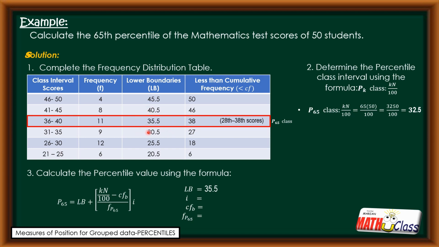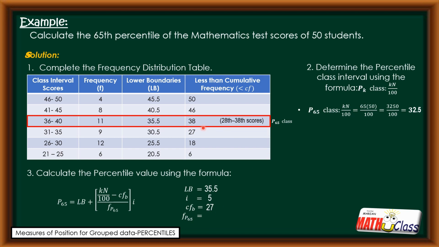For the value of our I, or the size of the class interval, we have to find the difference between the lower boundaries of two consecutive or neighboring classes. Let us take these two consecutive lower boundaries, 45.5 and 40.5. 45.5 minus 40.5 is equal to 5. So the value of the variable I, or the size of the class interval, is 5. The value of our CF sub B, which is the cumulative frequency of the class before the P65 class, is 27.